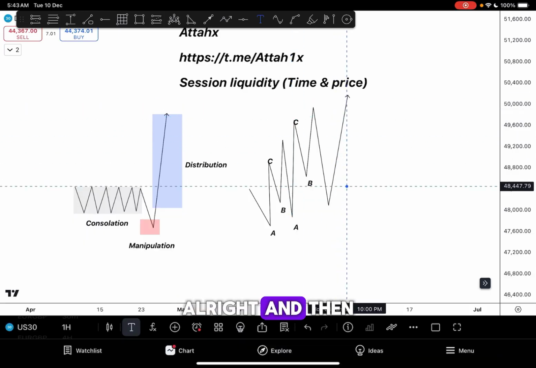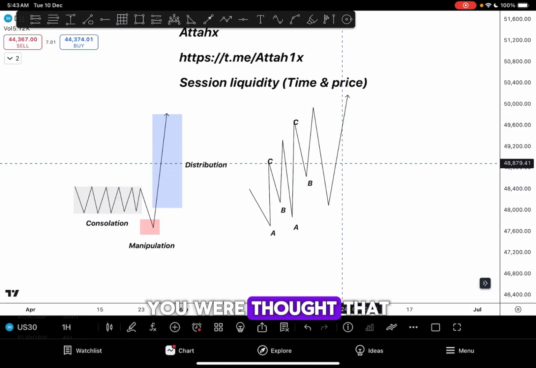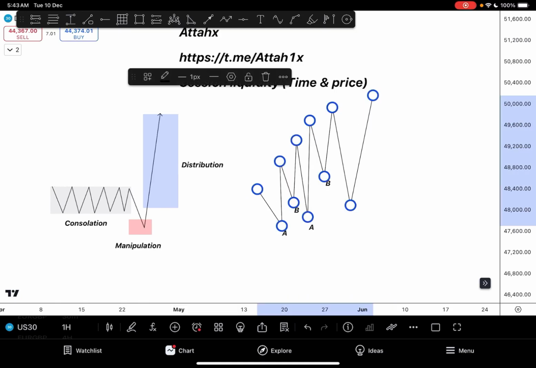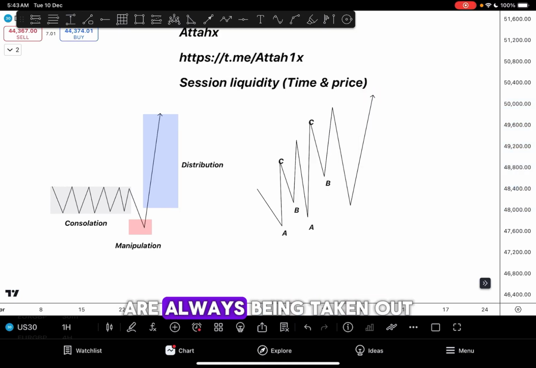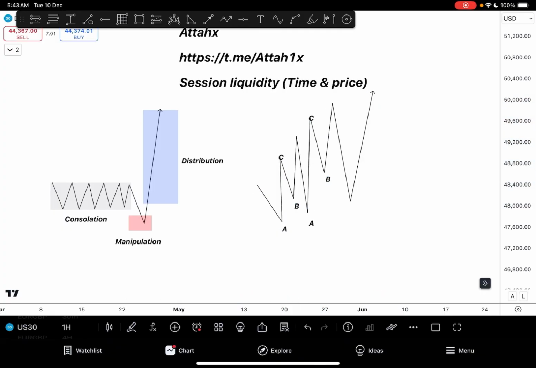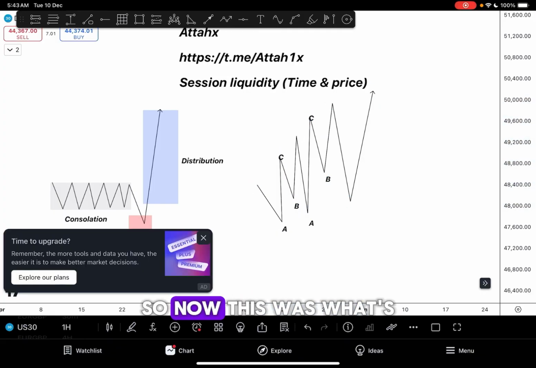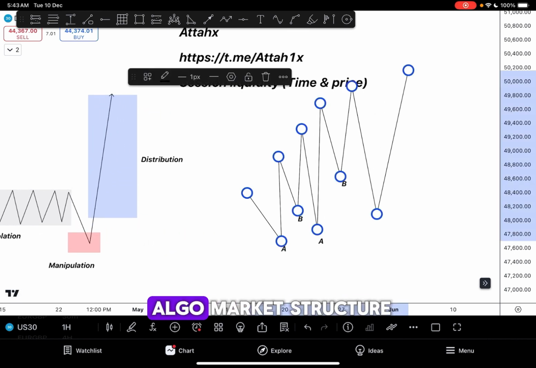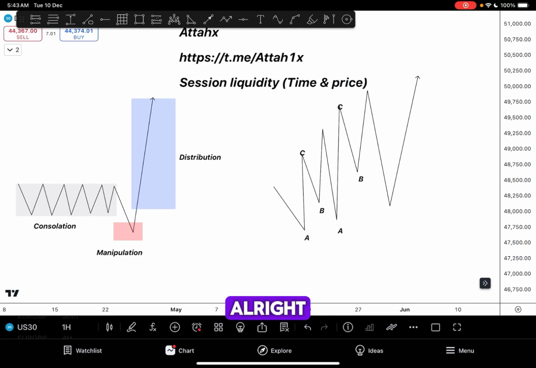All right, and then you were taught that the B legs are always being taken out. You were taught that the B legs are always being taken out, right? So now this was what you learned using the algo market structure. All right.